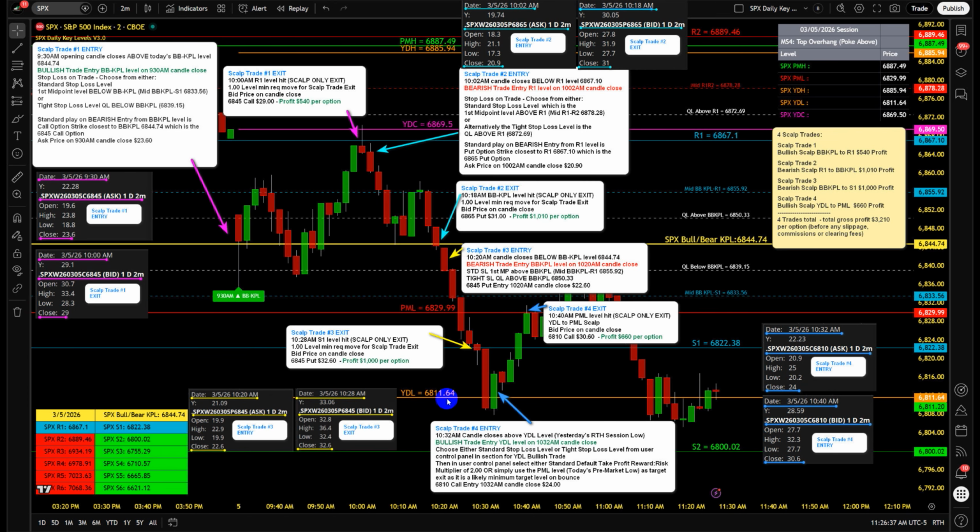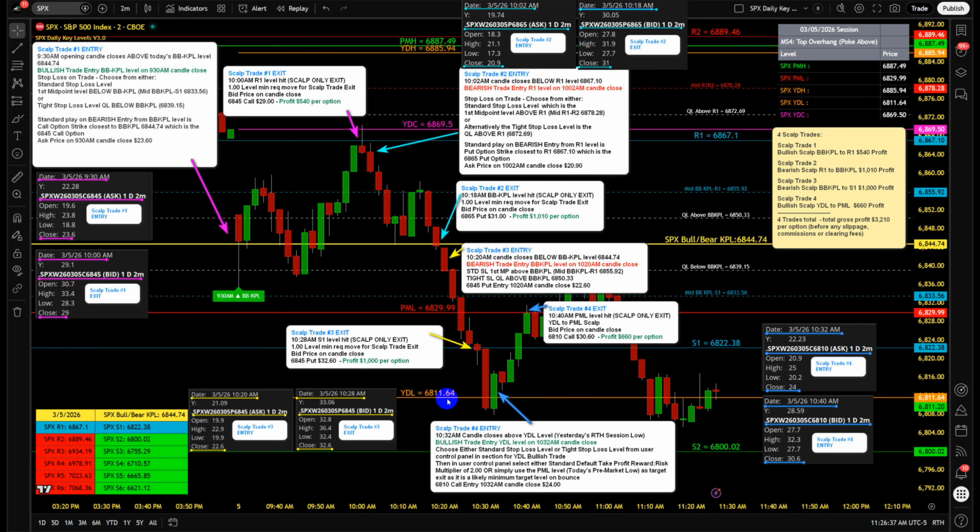However, in a lot of cases, it just really depends on the market structure of the day, and what else is going on in the market with any bullish or bearish major news going on. Aside from that, though, in a lot of cases, you will get a bounce off of YDL.